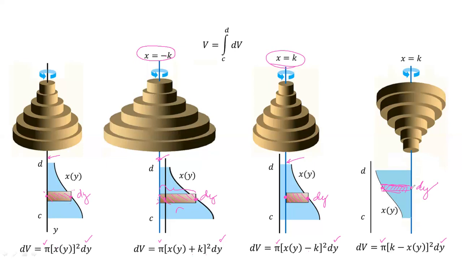So this one has an equation of k. This one has an equation of x in terms of y. That is why you have k minus x of y. Of course, you still have to square it. That would be the radius of this differential area which you rotated on this axis of rotation.